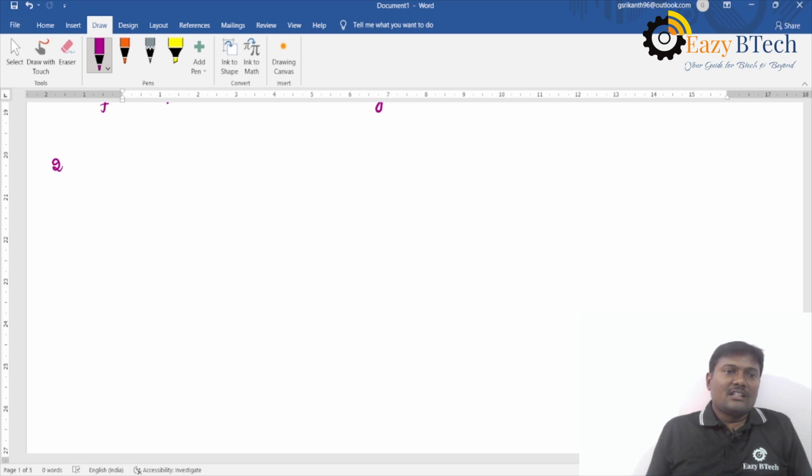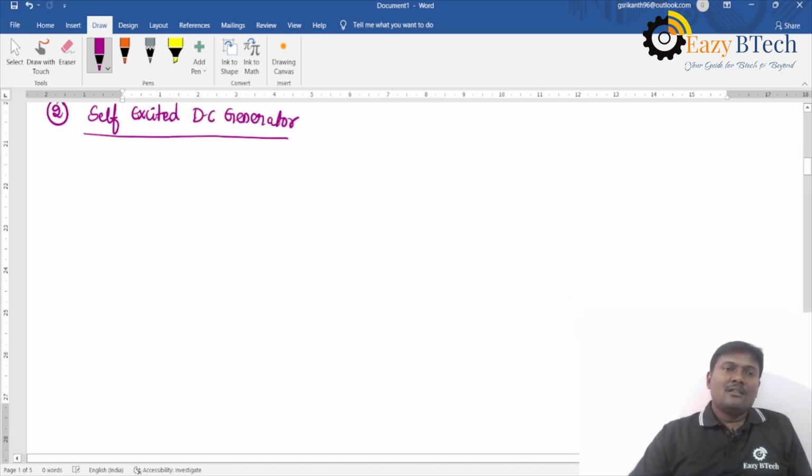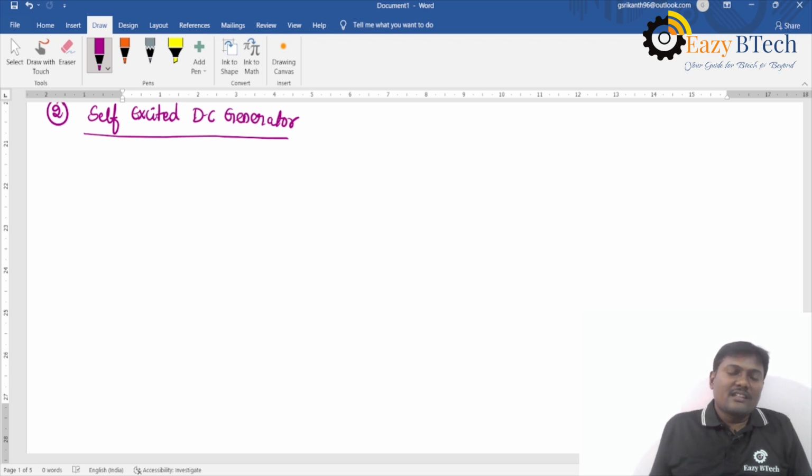And coming to the second classification, self-excited DC generator. Self-excited DC generator means based on the connections between the field winding and armature winding, we can tell the shunt, series and compound. The generator field winding is excited by its own, that's why it is called self-excited.